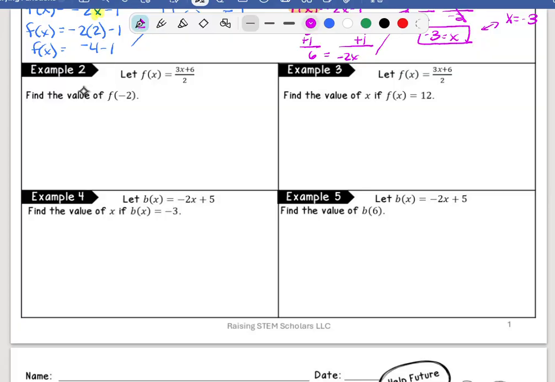Okay, so let's look at this example 2. Okay, so the example 2, we have to put a negative 2 in here in this parentheses. And so remember, if it's in the parentheses, this is telling you exactly where to write it. So if the negative 2 is in the parentheses, if we replace that x with negative 2, that works.